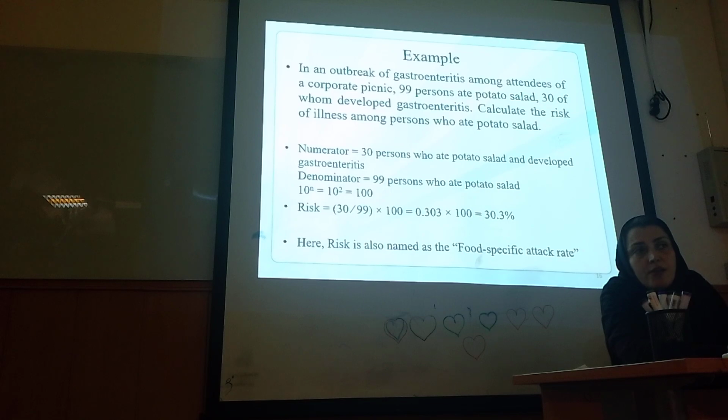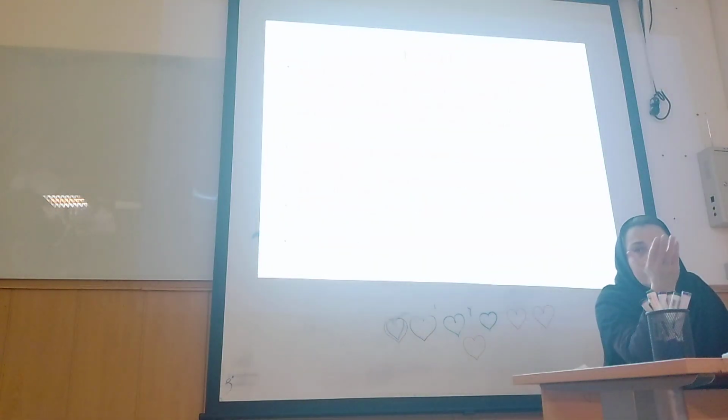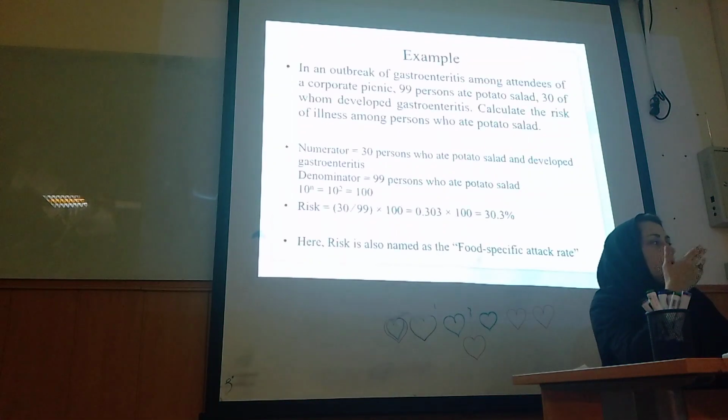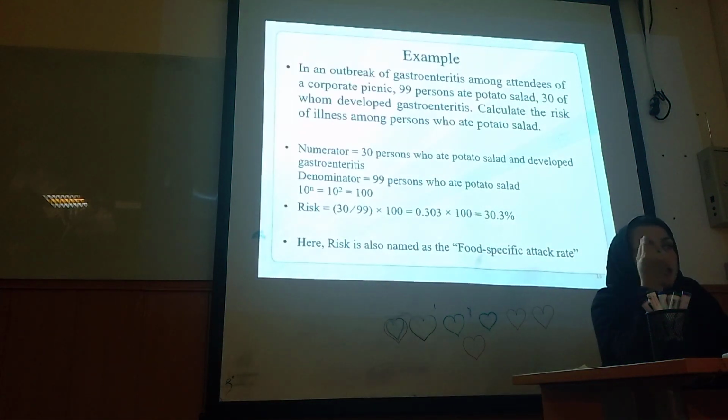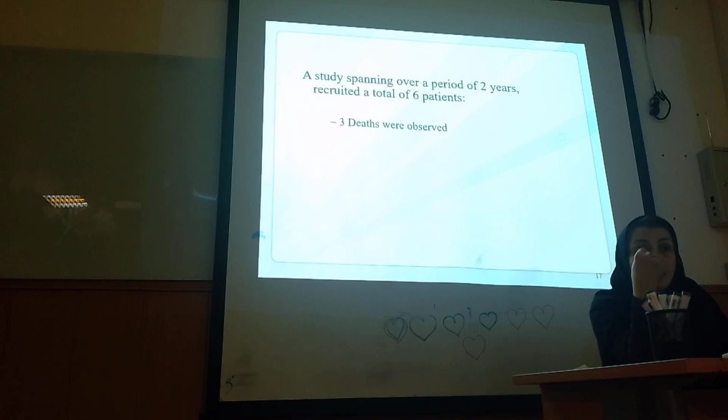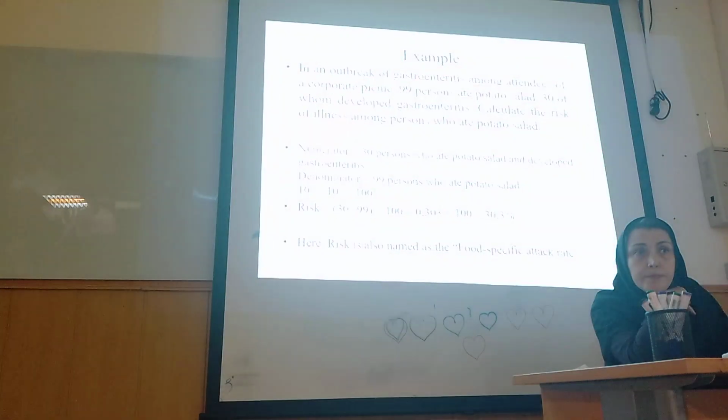We didn't have loss to follow. We had 99 persons at risk, and we had, for example, 30 diseased. It is a kind of cumulative incidence proportion or incidence proportion. But we had used the word rate here.